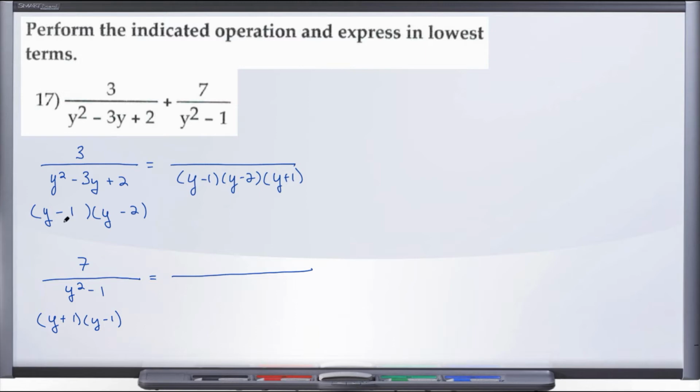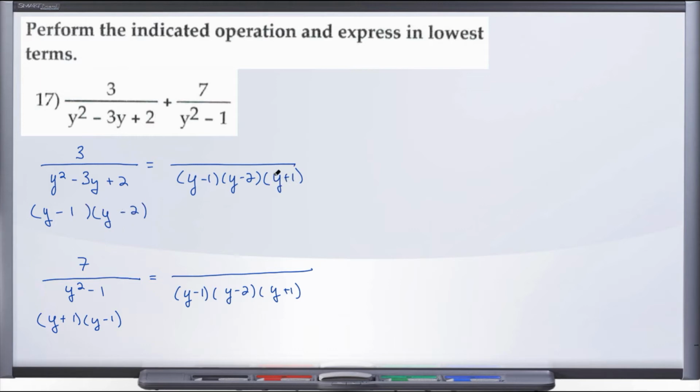So now it looks like we've included one of each thing that's unique. So here is our common denominator. So I'm going to go ahead and rewrite that common denominator down here, y plus 1. And now we're going to figure out what it is that we need to multiply by. Because we have y minus 1, y minus 2, well, that means we're missing the factor y plus 1 from here, doesn't it?